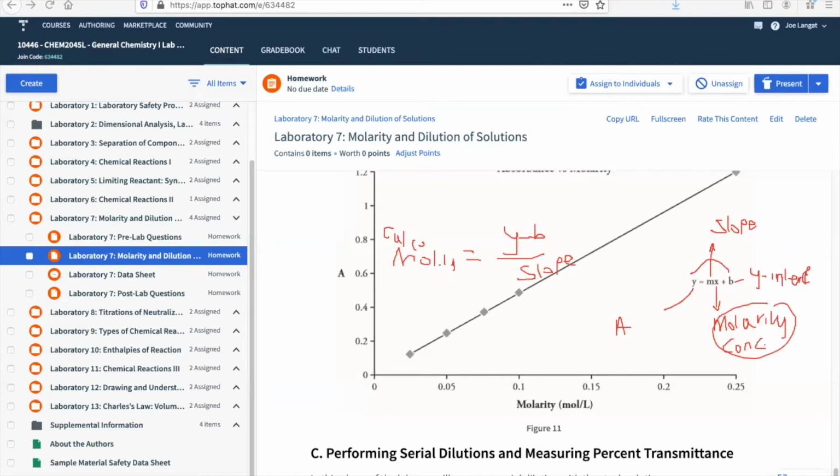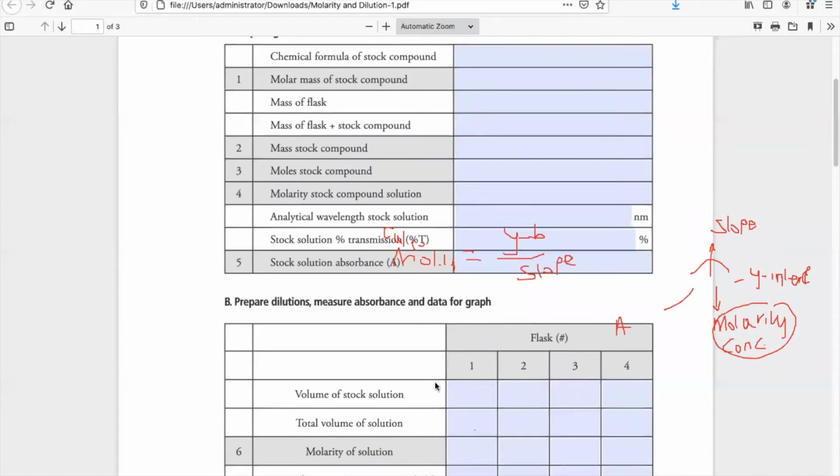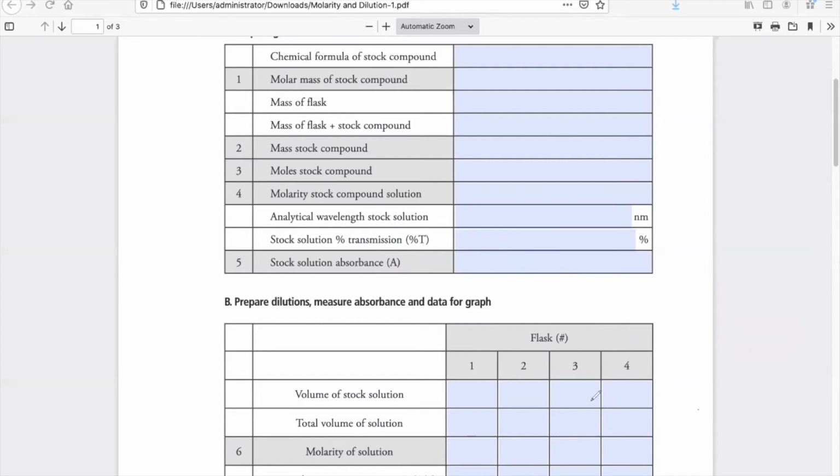How are you going to generate the data in order to come back to this graph here? Let me save this. I already saved that. So from part B, you will have to read the instructions.